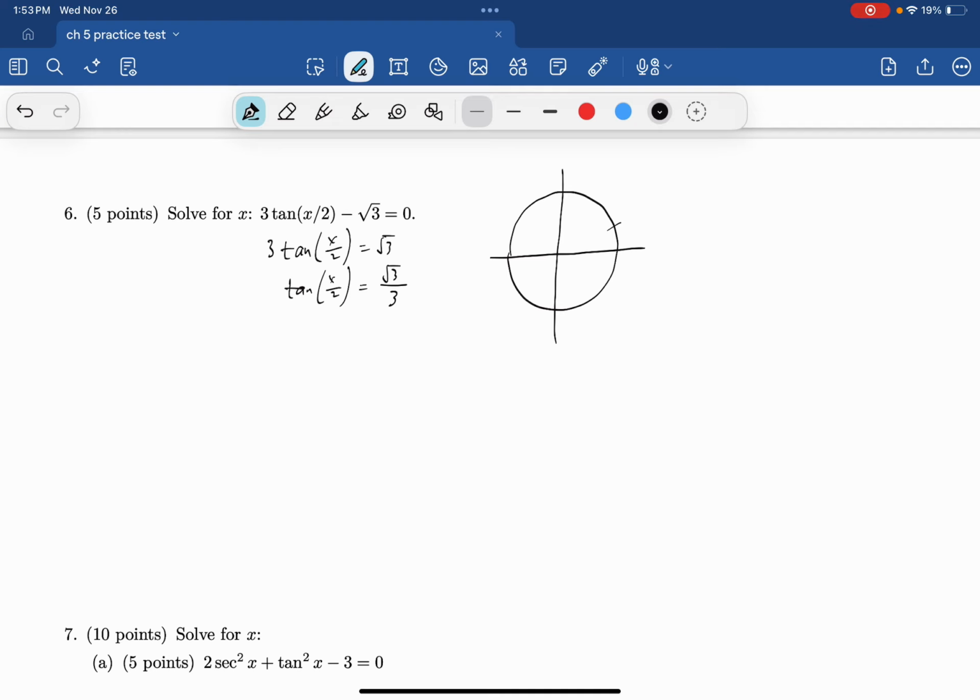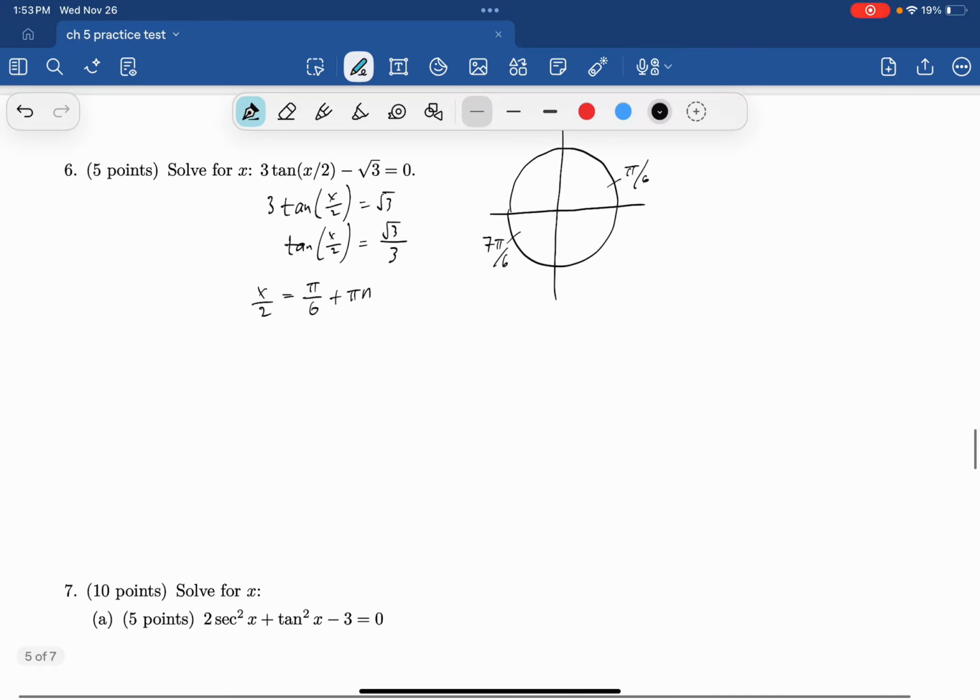And so that tangent is 1 over root 3, or root 3 over 3. And so that means that x over 2 is equal to pi over 6 plus pi n, right? Remember, the period of tangent is pi. And so solving for our x, that tells us that x equals pi over 3, multiplying both sides by 2, plus 2 pi n.